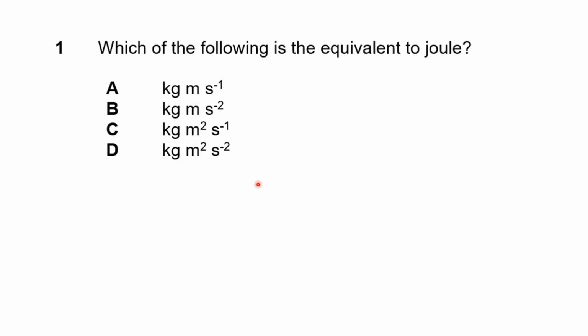So looking at this, what would the equivalent of the joule be? That would require us to understand what the joule means as a unit. An easy way of thinking about it is looking at a formula for something that gives us joules and the other side has other units. So what we have over here is the formula for energy in a kinetic store, or you might otherwise know it as kinetic energy.